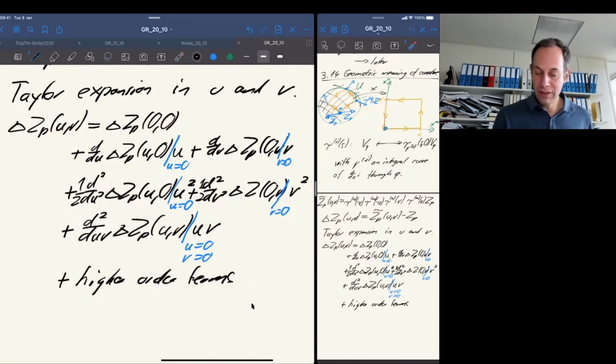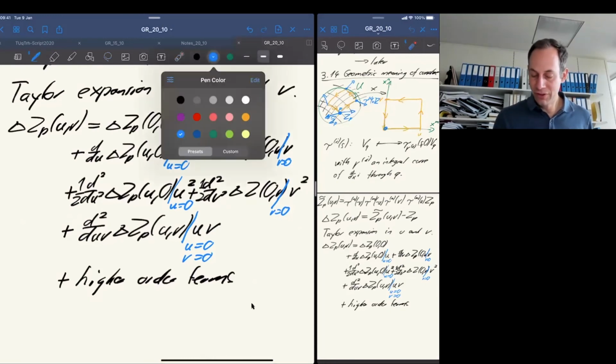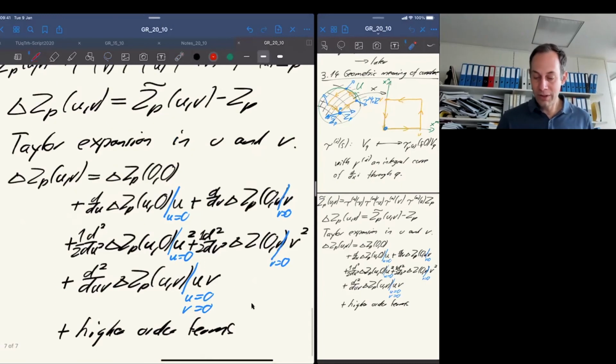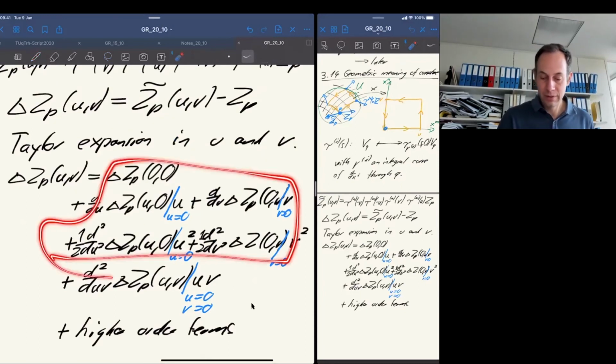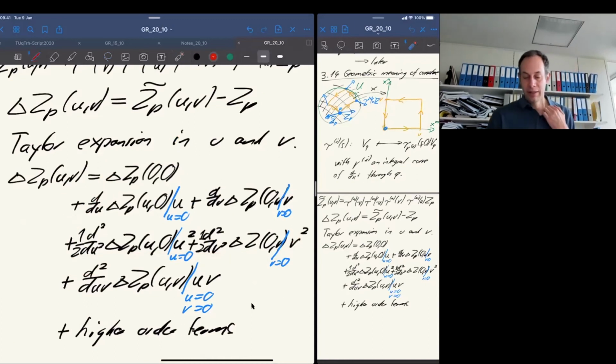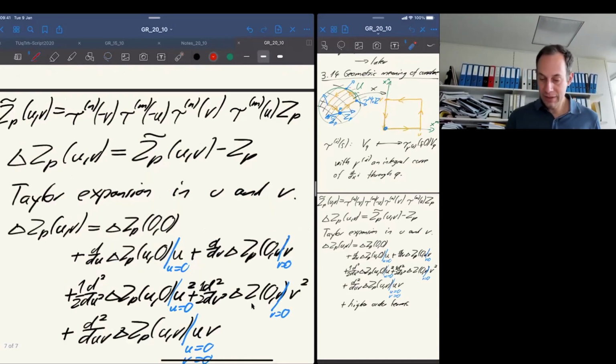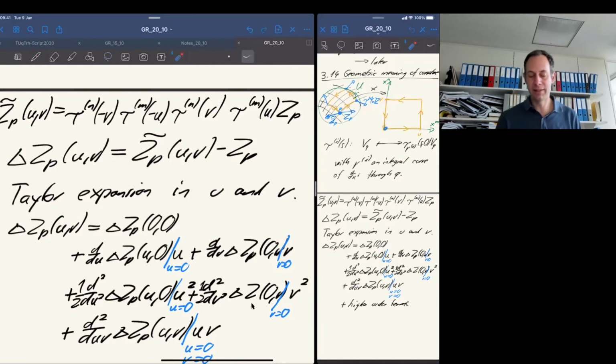Now I will not write down things, but just argue in words why all the terms here will disappear. So why do they disappear? The reason is simply that in all these terms, we have always at least one of the arguments which is 0. So you see here the v is 0, here the u is 0, even before I take the derivative.